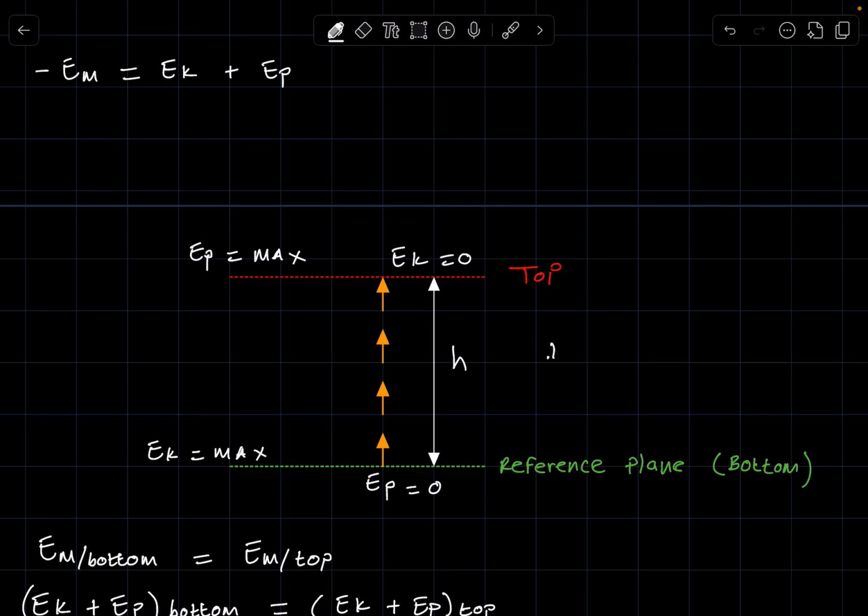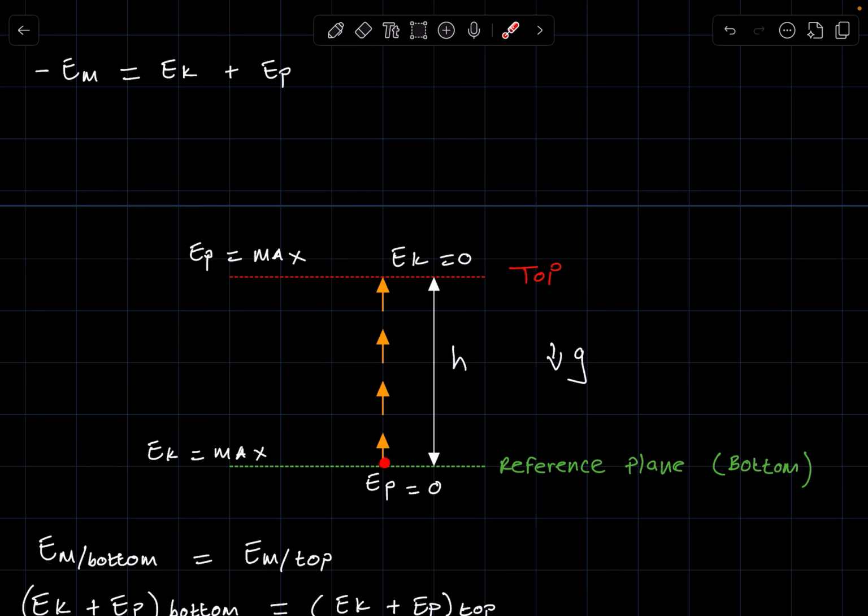Now as the object approaches the maximum height, because g, the gravitational acceleration, is opposing the object's motion, the object decreases in velocity as it approaches the maximum height. That is why the velocity is at its maximum as soon as it leaves the reference plane.